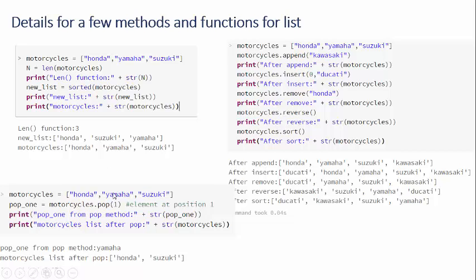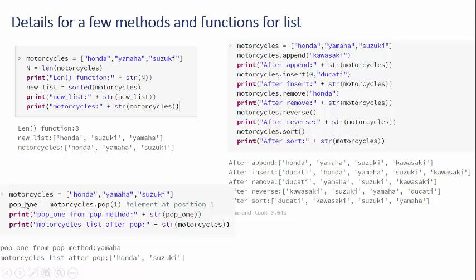That is only the first piece of the operation. After we remove Yamaha from the list, there is an additional function: the removed element can be assigned to a variable.